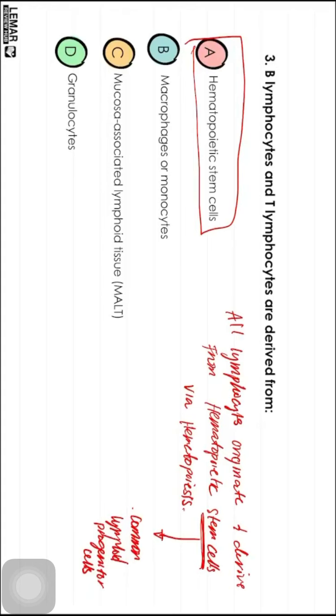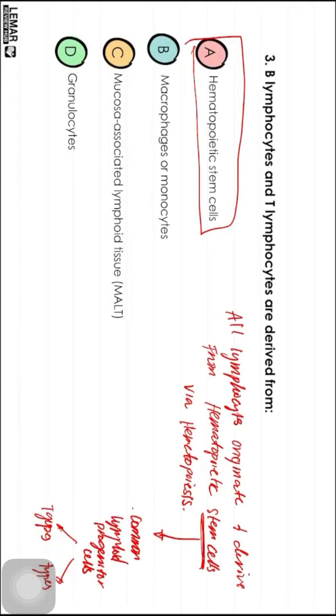Okay, these progenitor cells will then differentiate into distinct types of lymphocytes. So pwede siyang T lymphocytes, pwede siyang B lymphocytes, and further mature into a more specific type of those cells. So B cells mature into B lymphocytes in the bone marrow.